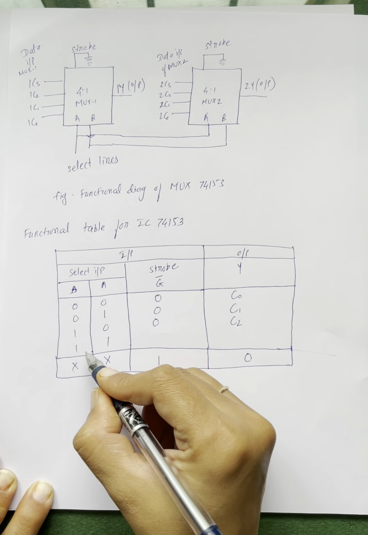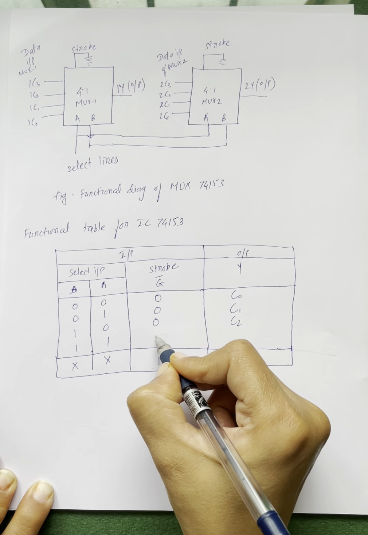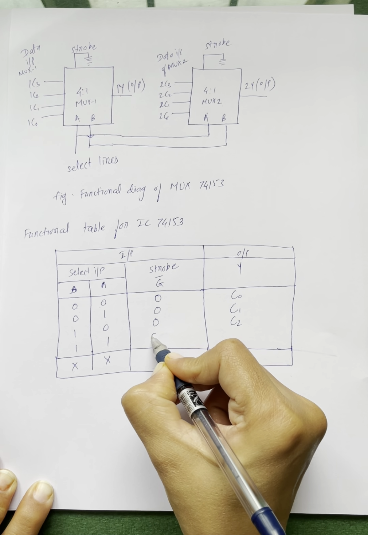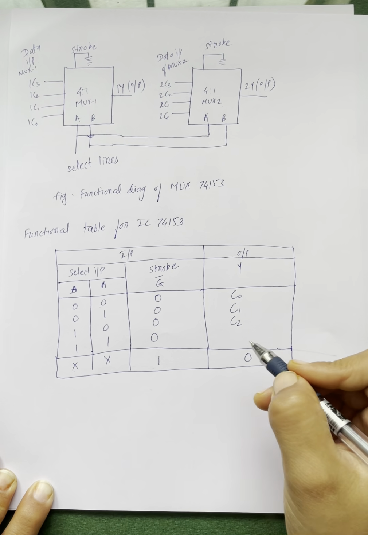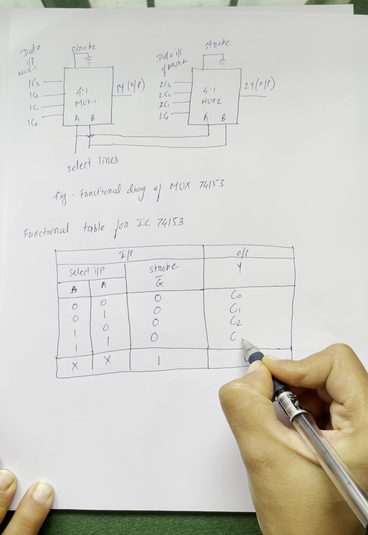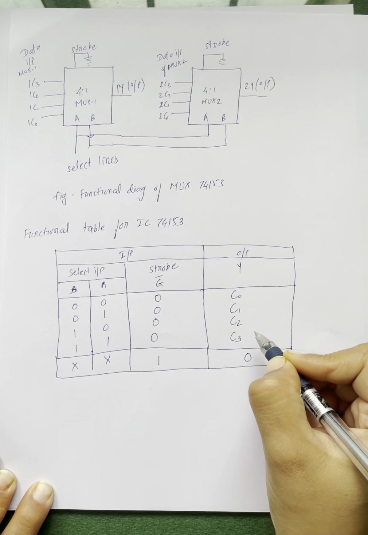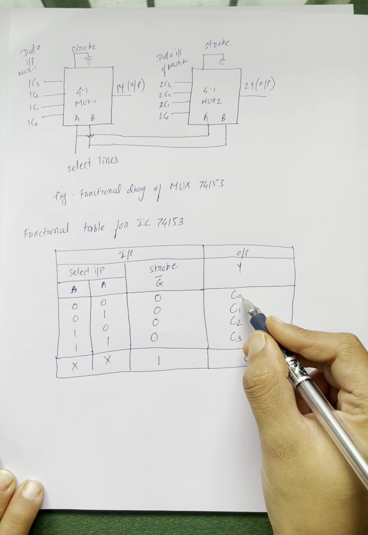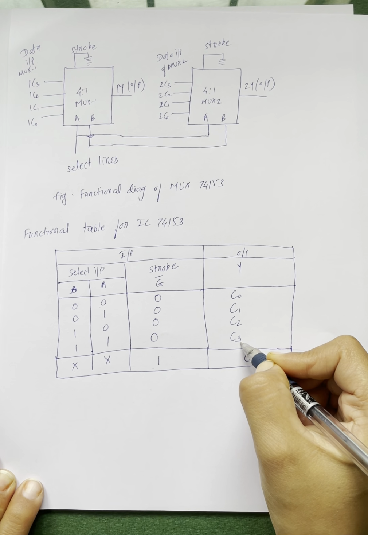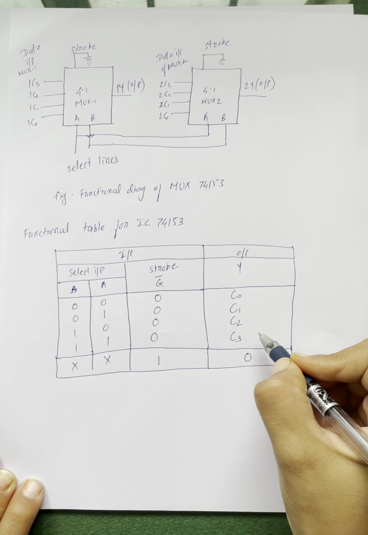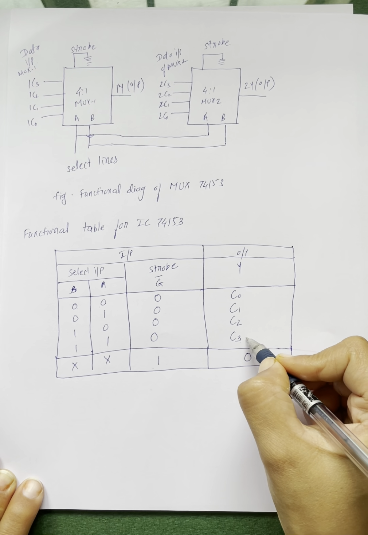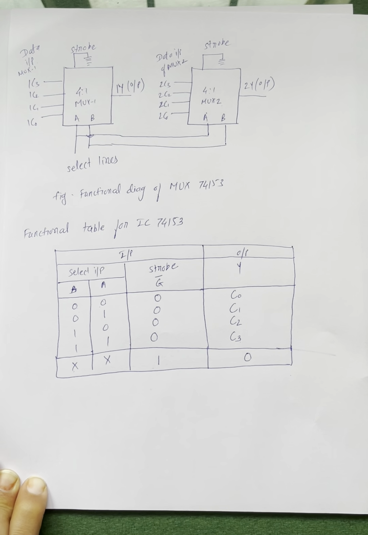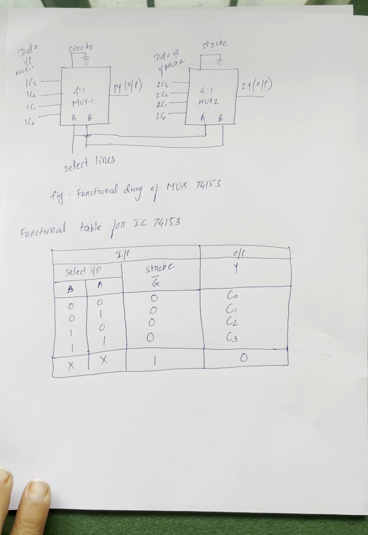The third one is 1 1, the binary representation for decimal 3. Here strobe is 0, so your output will be C3. The output value depends on the values of C0, C1, C2, C3. If the value of C3 is 0, your output will be 0. If the value of C3 is 1, your output will be 1, right? So this is the functional table for the 74153 IC.